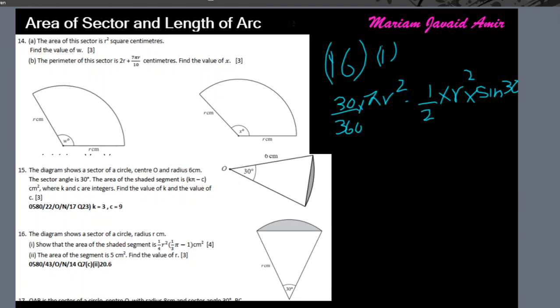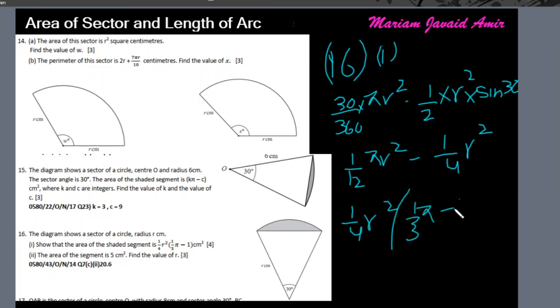Let's simplify this. 30 over 360 is 1 by 12 pi r square, minus sine 30 divided by 2, which is 1 by 4 r square. So we can take 1 over 4 r square common. We're left with 1 over 3 pi minus 1.